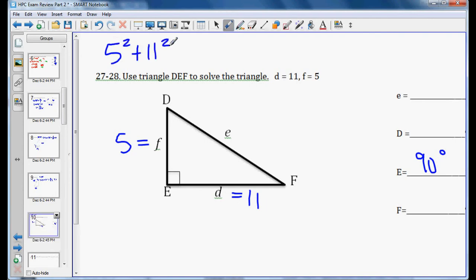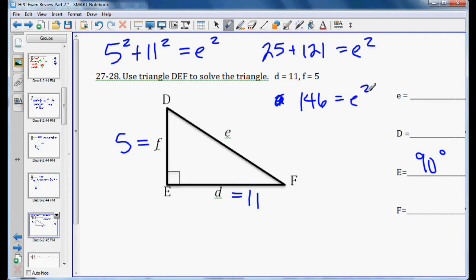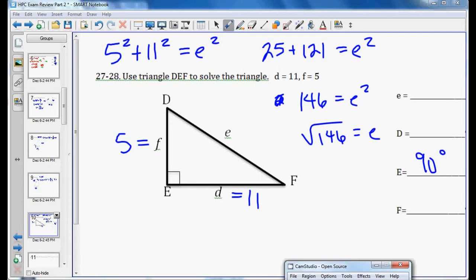So we solve that. 25 plus 121 equals E squared. So we get 146 equals E squared. Take the square root.